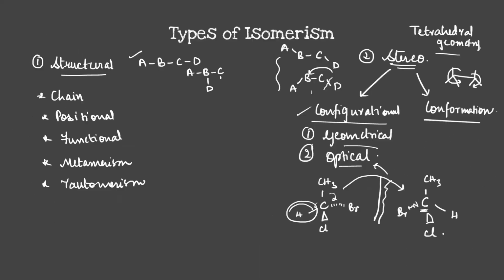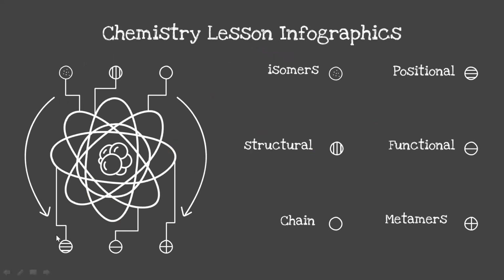Let's recap whatever we have seen. We have seen isomerism, the definition of isomerism. We have seen chain isomerism, positional isomerism, functional isomerism, and metamerism. In chain isomerism, they have different carbon chains. In position isomerism, they have different positions of the functional group, double bond, or substituents.